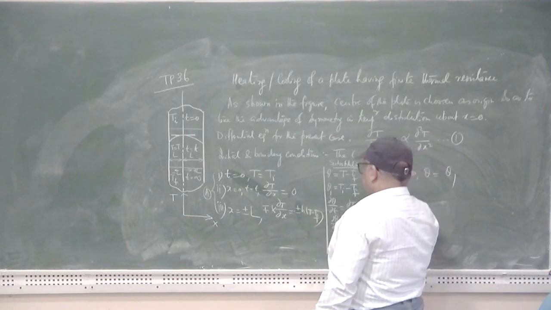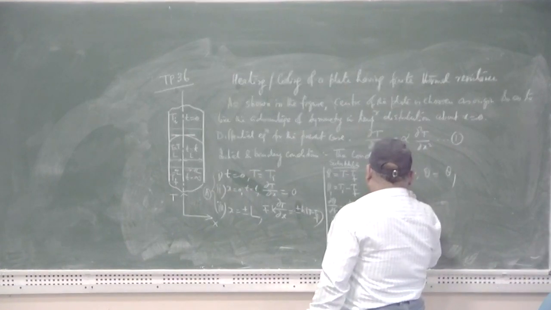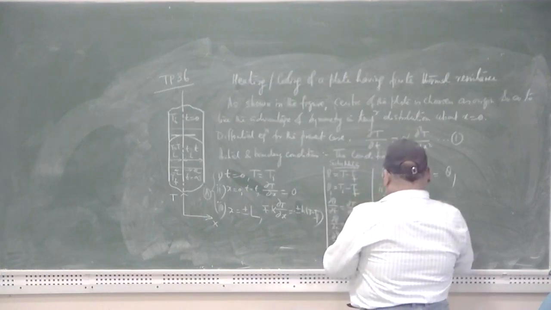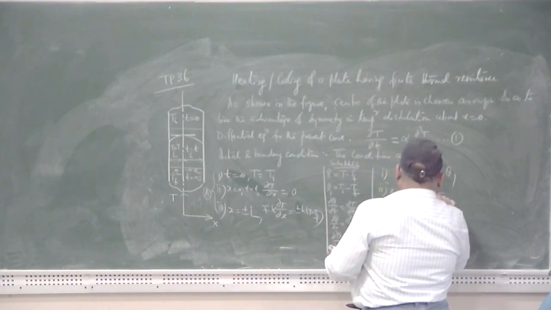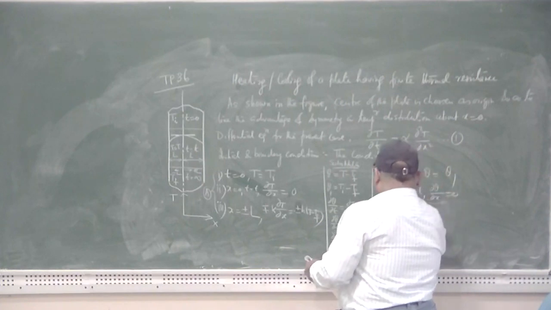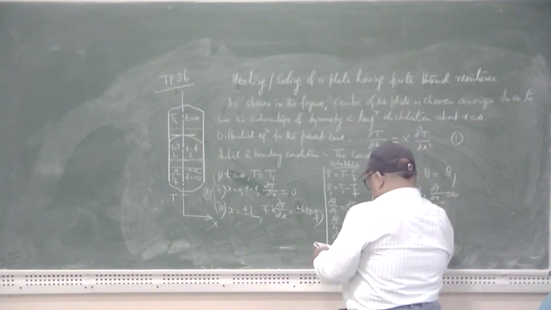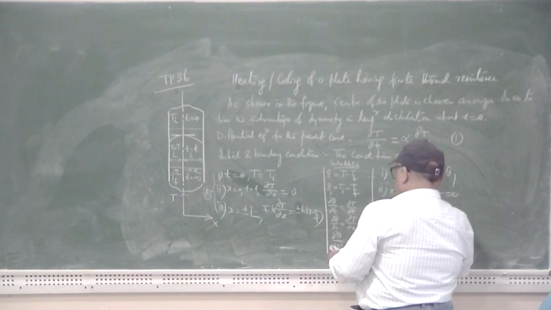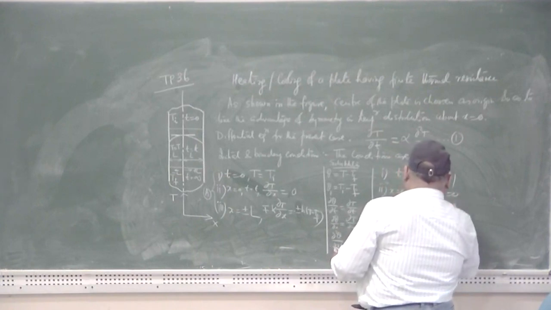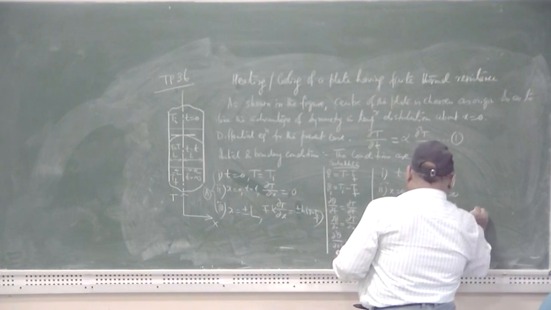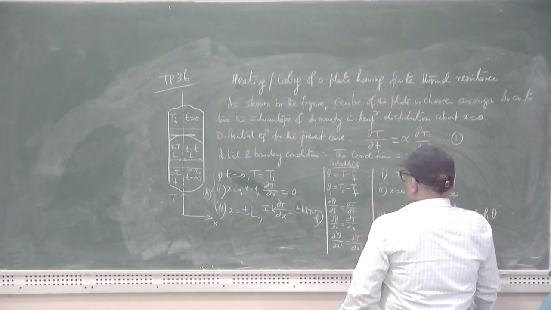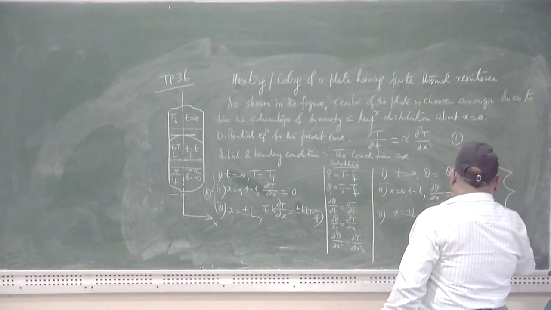Second one is x equal to 0, d theta/dx equal to 0, and the third one is very simple, that is x equal to plus minus L. So, we can write here minus plus k d theta/dx should be equal to plus minus h theta. Let it be the boundary condition B.